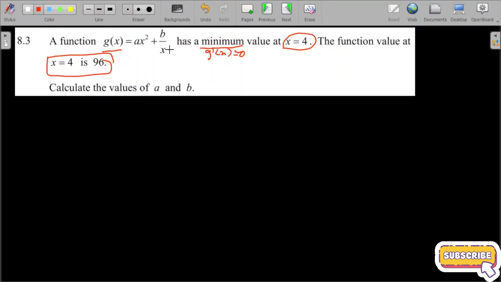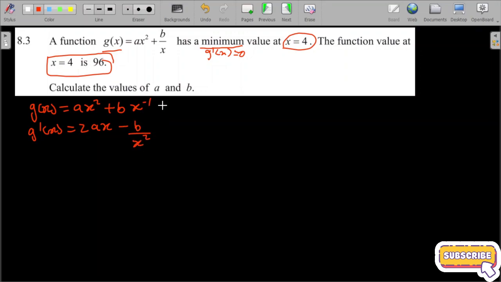So first, let me take this to the top before I derive, because I can't derive when my x is here. So my g of x is going to be ax squared, and then plus b into x to the power of negative 1. Now the derivative here is going to give me 2ax and then minus b over x squared.